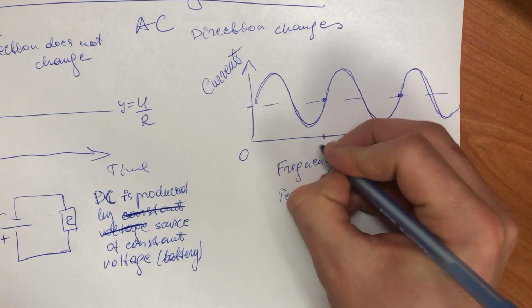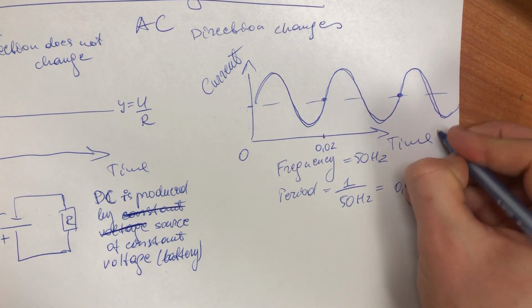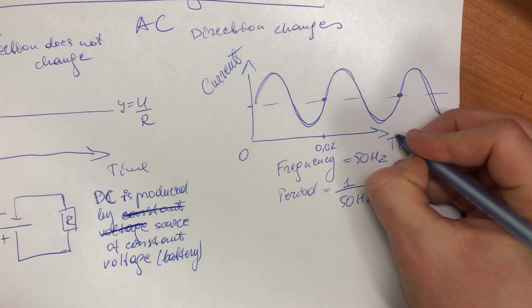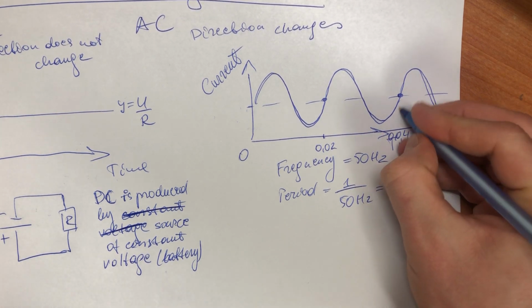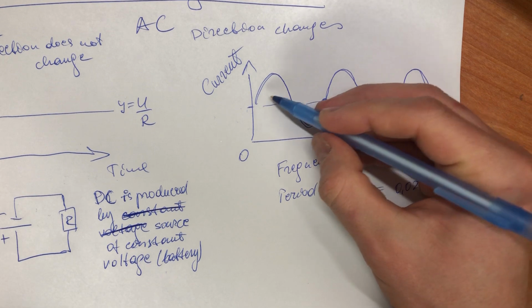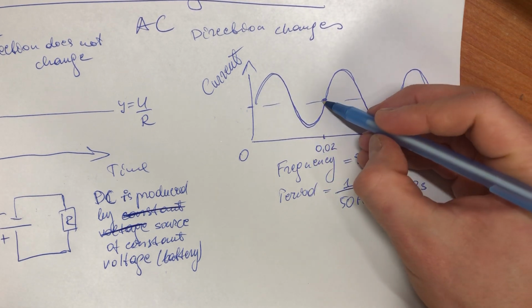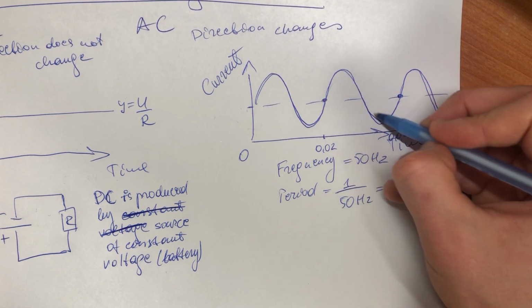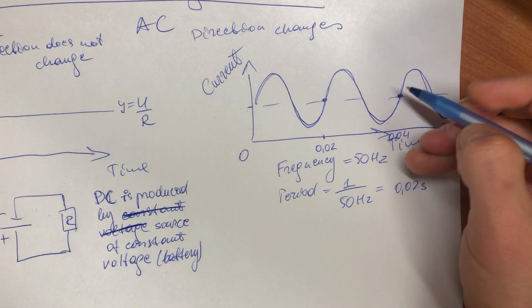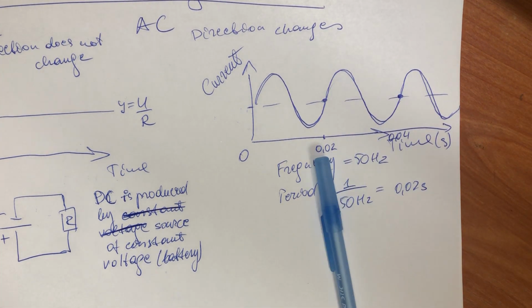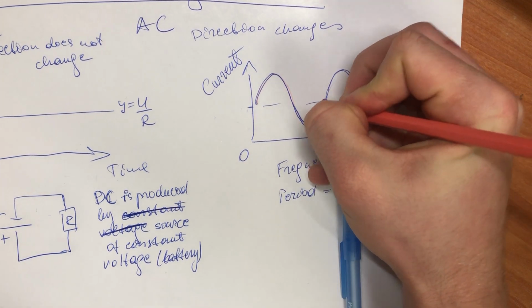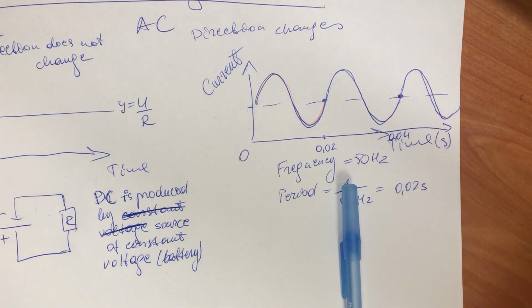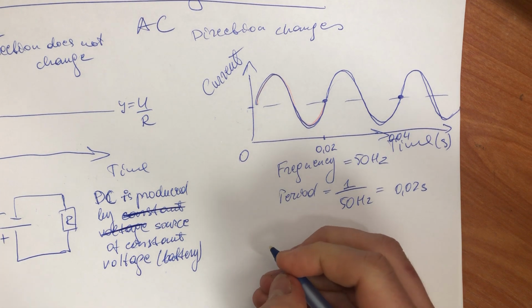So here it is 0.02 seconds. Here it is 0.04 seconds. This is one oscillation, one period. This is period number 2. As you see, this is one period. This is another period. Yes, it is oscillating.